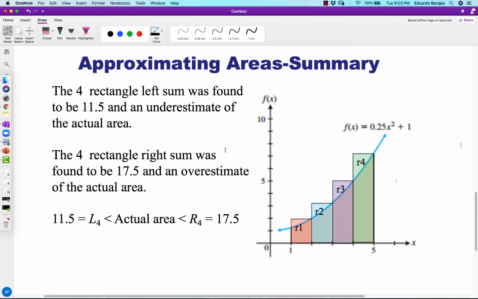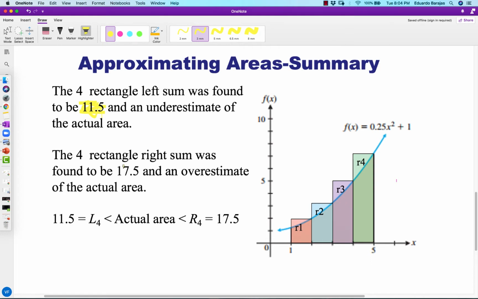We used the left sum rule to create rectangles whose heights were determined by the leftmost point in each base. And we got that that estimate was 11.5. Because we know the function is increasing on this interval and we're using the left endpoint, we know that our estimate is going to be below the actual answer. It's going to be an underestimate.